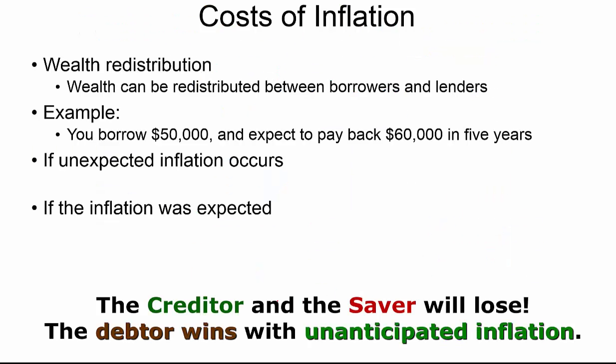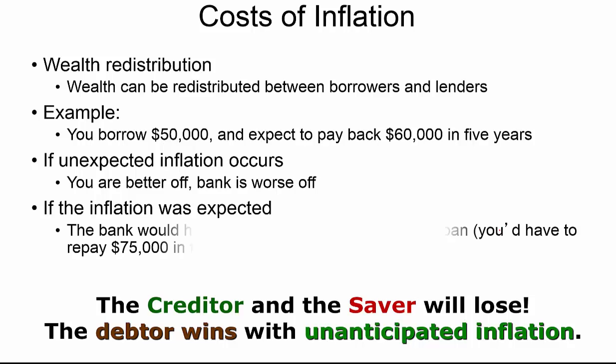Alright, so some more costs of inflation. You end up with wealth redistribution. Okay, if I borrow money from you and I pay you back money that's worth less, guess what I just got? I got some of your wealth. Okay, that's life. If unexpected inflation occurs during a loan, the borrower is going to be better off, and the bank will be worse off.